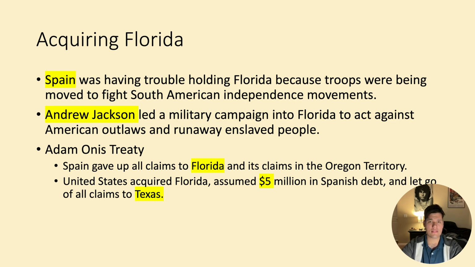And this campaign led to the Adams-Onis treaty, where Spain ceded Florida to the U.S., along with its claims to the Oregon Territory, in exchange for the U.S. basically collecting $5 million in Spanish debt.